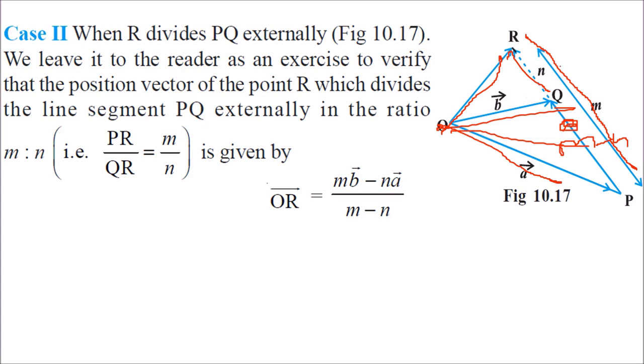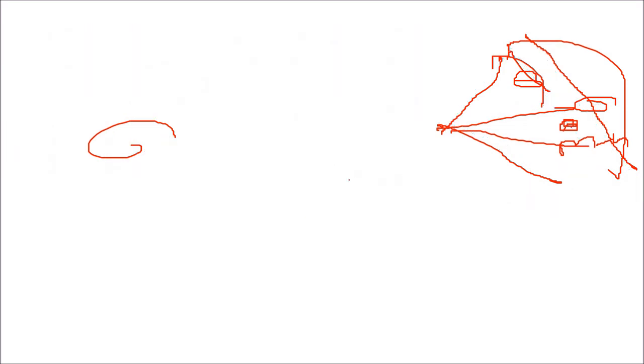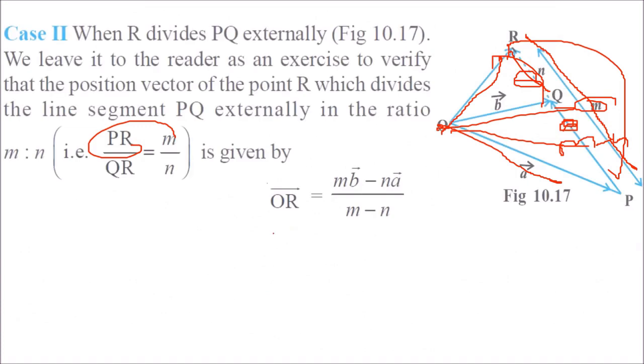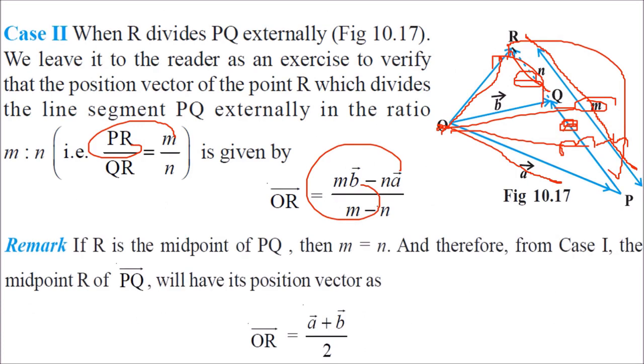This is nothing but PR is to QR equal to M by N. We'll use this, write a similar equation this way, and it will simply be a negative sign: MB minus NA over M minus N. One more thing, if M is equal to N, that is, R divides A and B internally at the central point, bisecting it, then OR will be A plus B by 2.